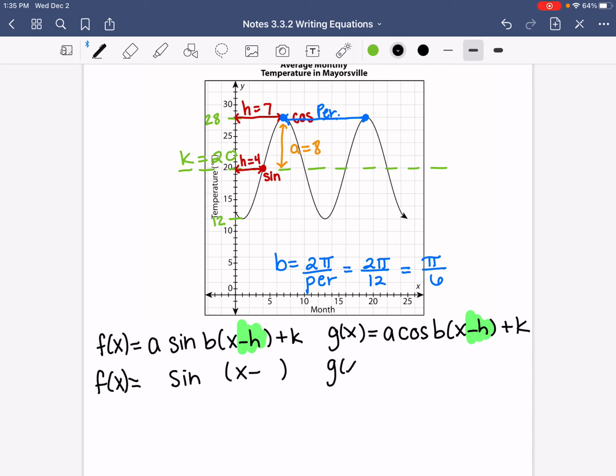So just writing my equation is like the skeleton part. Okay, so my amplitude was 8. So both of my equations have an amplitude of 8. My b value is pi over 6. That does not change for either equation.